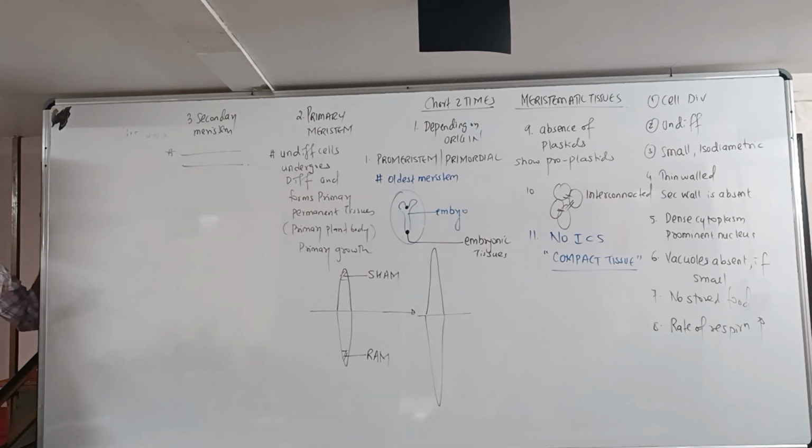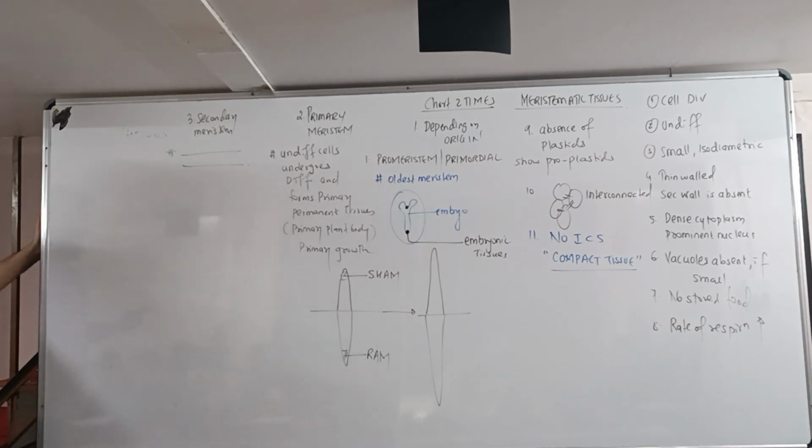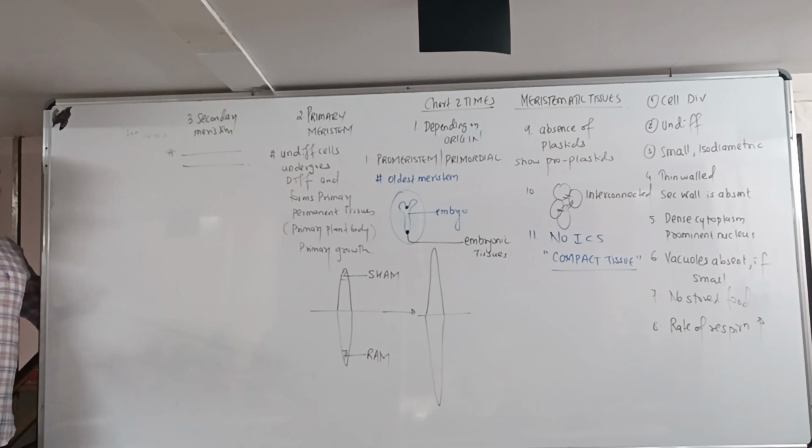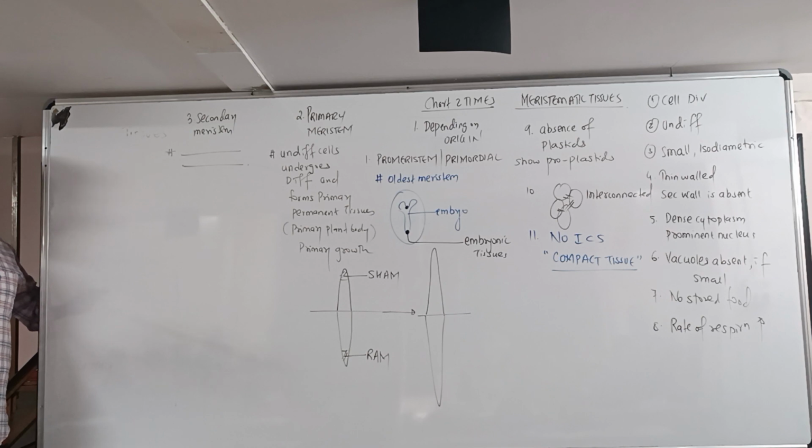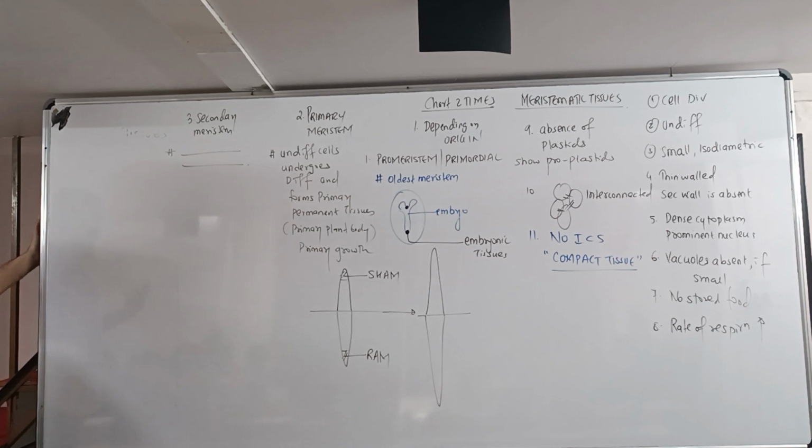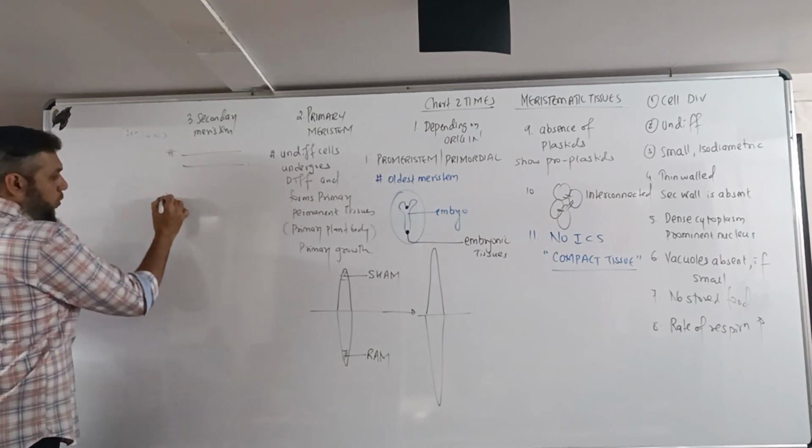Secondary meristem arises from dedifferentiation of permanent tissues and they undergo redifferentiation to form secondary growth.